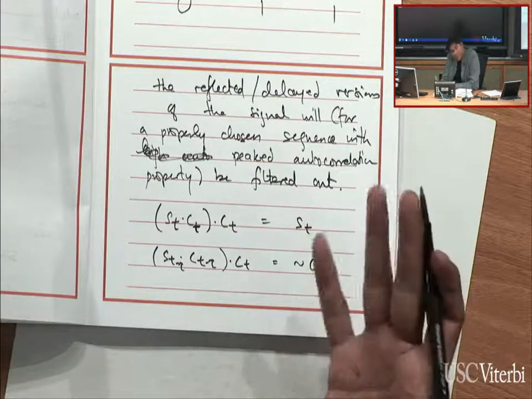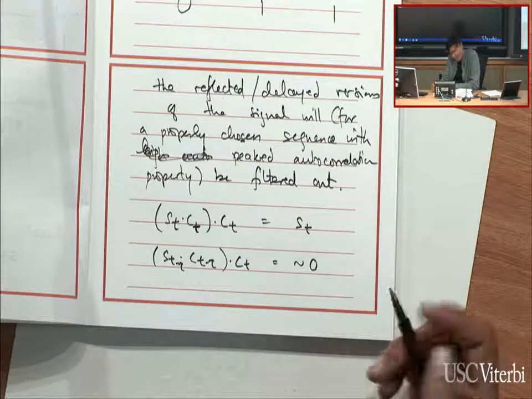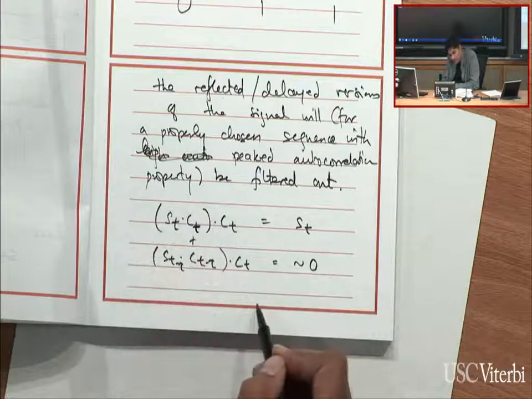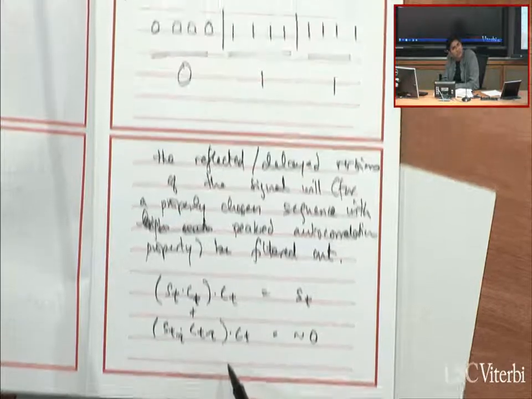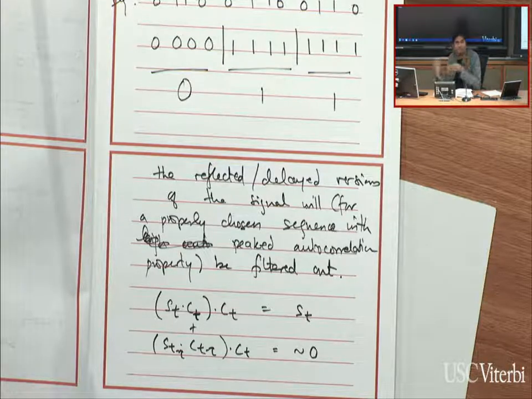And so when I'm sending my data through a channel that's introducing delays, what I'm getting at the receiver is both the original sequence plus a bunch of delayed versions of that signal. And if I choose this chip sequence to have the property that these time-shifted versions don't correlate with the original sequence, when I'm decoding them, they basically will get filtered out.